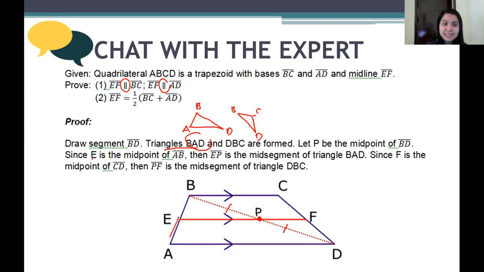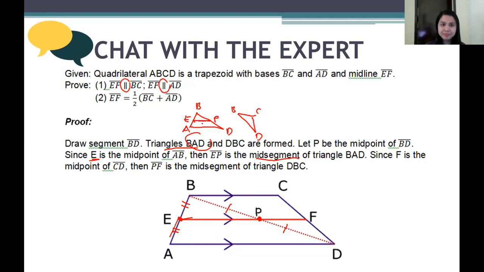Next, E is the midpoint, right? Therefore, AE is congruent to EB. And EP is the mid-segment, this one. EP is the mid-segment of triangle BAD.